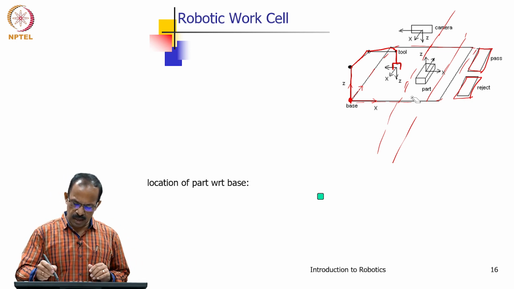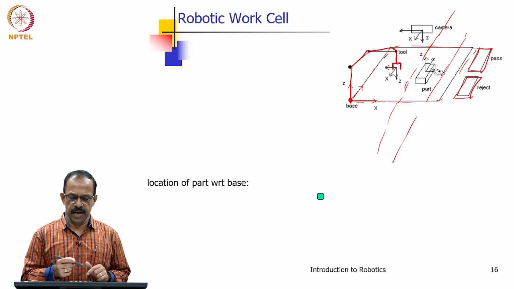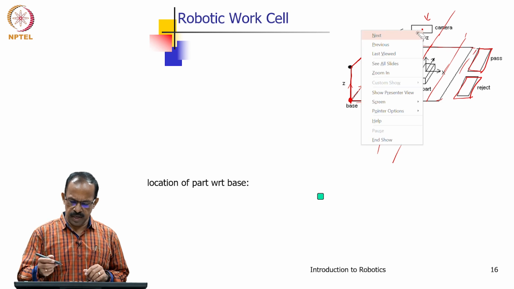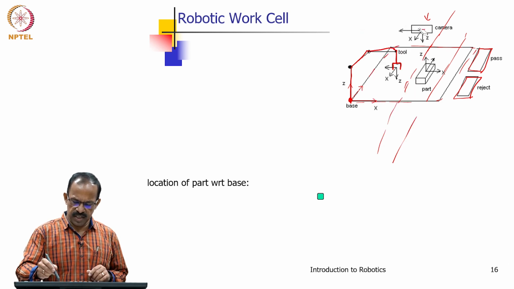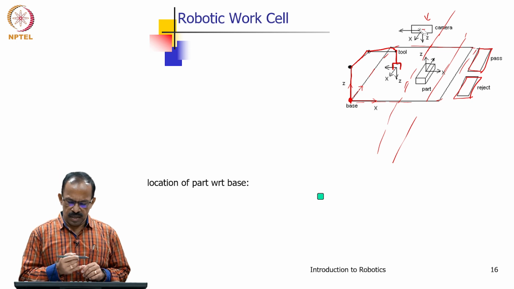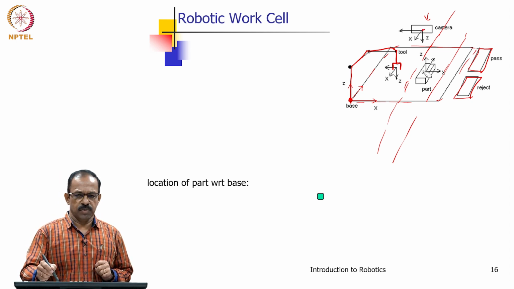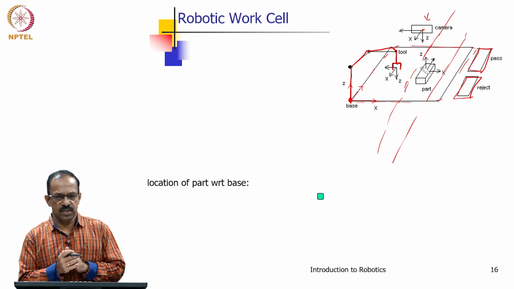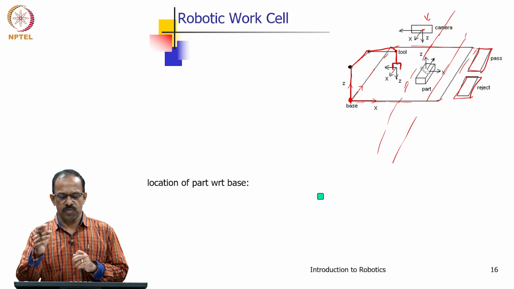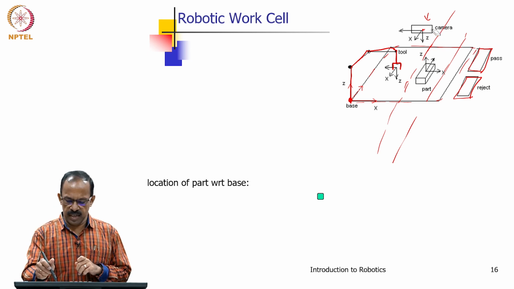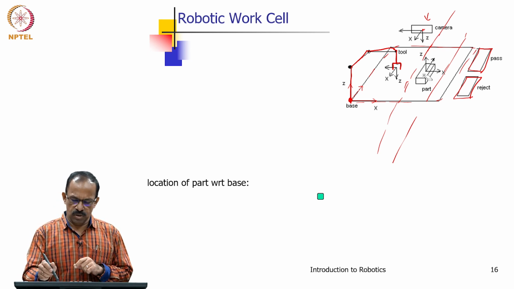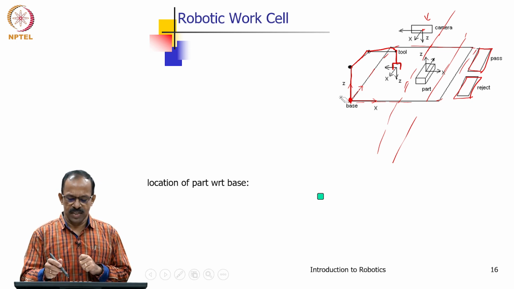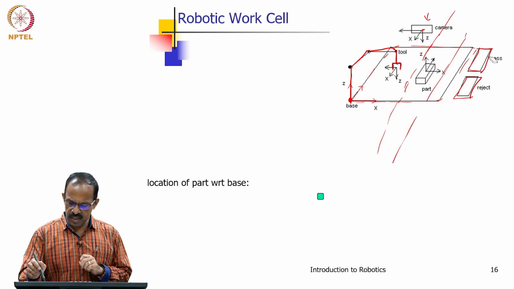The parts will be coming into this work area, and there is a camera placed at a fixed location here, which collects information from the object. It does a visual inspection of the object, and if it is perfect in terms of dimension or whatever checking it is doing, then the camera gives the information to the robot, and the robot picks the object and places it in the pass bin.